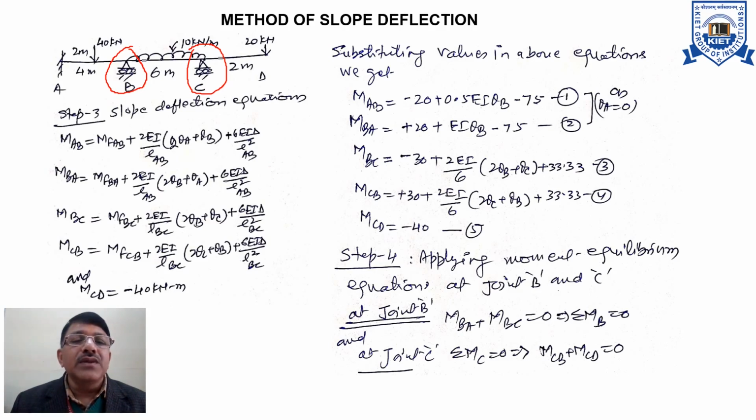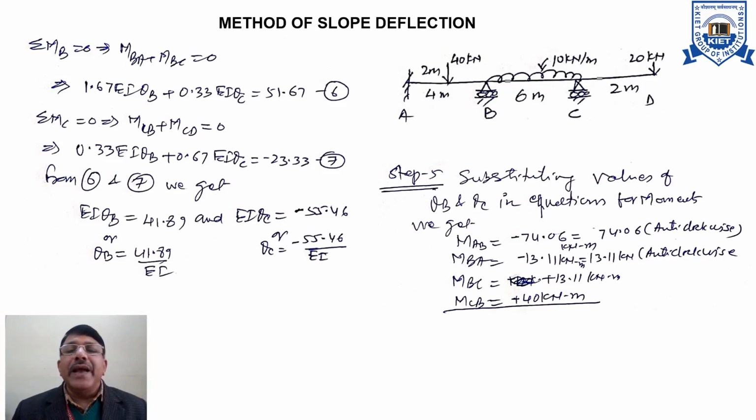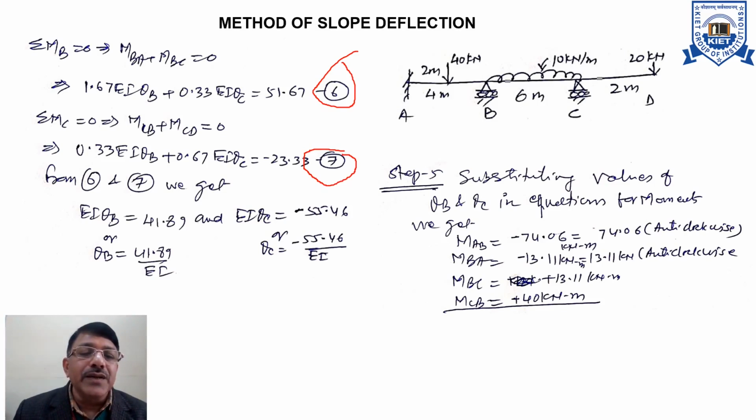At C, the summation of MCB and MCD equals 0, as mentioned at the bottom of the slide. Applying these, we end up with two new equations, equation 6 and 7. Solving these two equations, we get the values of theta B and theta C.